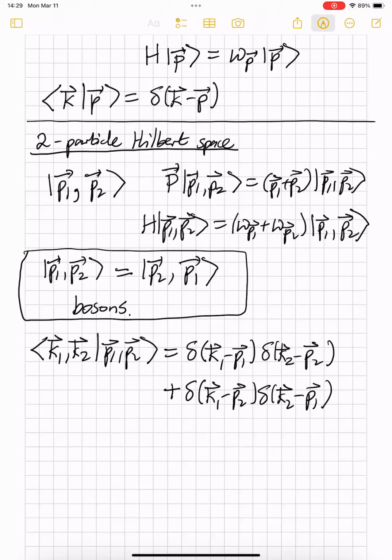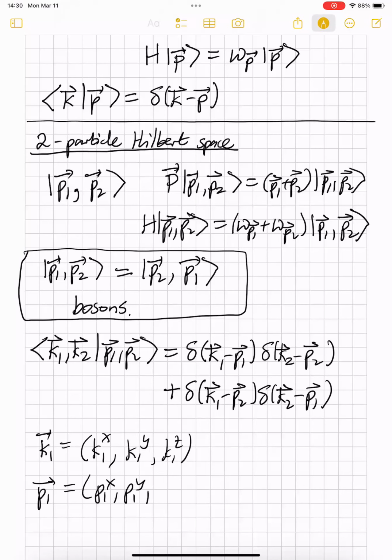Now let me just make one last comment. If I look at the vector K1, let's say it's got a component K1x, a component K1y, a component K1z. Let's say P1 has got a component P1x, P1y, and P1z.